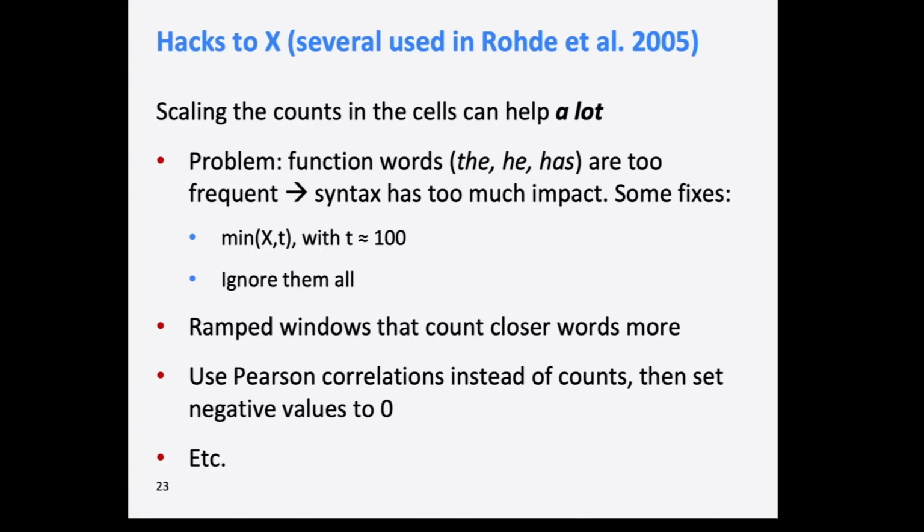So rather than using raw counts, you have to do something to deal with those very high frequency words. One idea is you could log scale them, which is also commonly used in information retrieval. Another idea is you could just use something like a ceiling function, so you take the minimum of x comma t, for t set to some number like around 100.